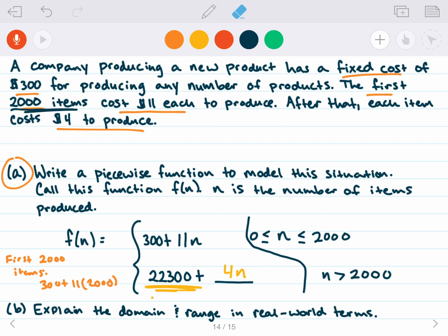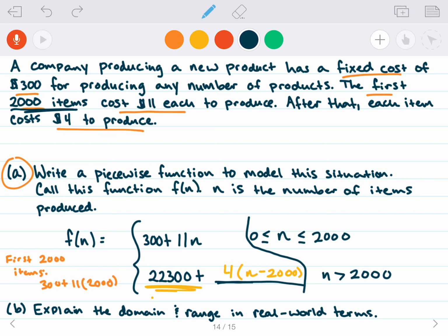So what we need to change this to is not 4n, but 4 times n minus 2,000. And that'll give us the right answer, because, as I said, if n is equal to 2001, if you take 2001 and subtract 2,000, you get 1.